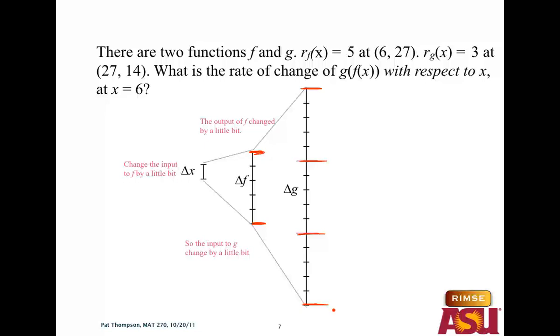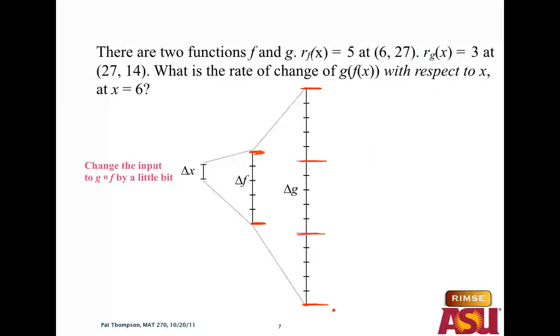If f changes 5 times as much as x, and then g changes 3 times as much as its input f, then in the end we really have a rate of change of 15 times as much as x changed. So we change the input by a little bit, and the output of g changes 5 times 3 times as much, or 15.